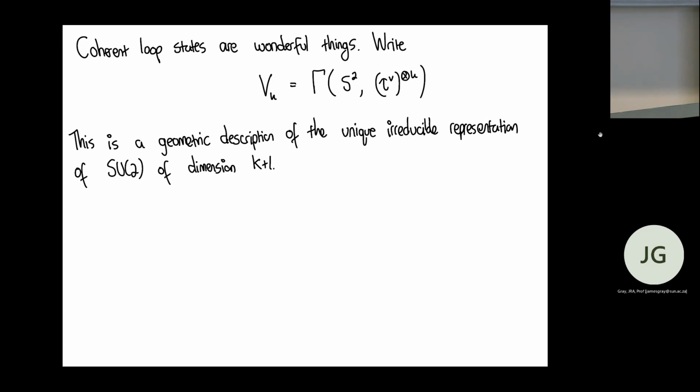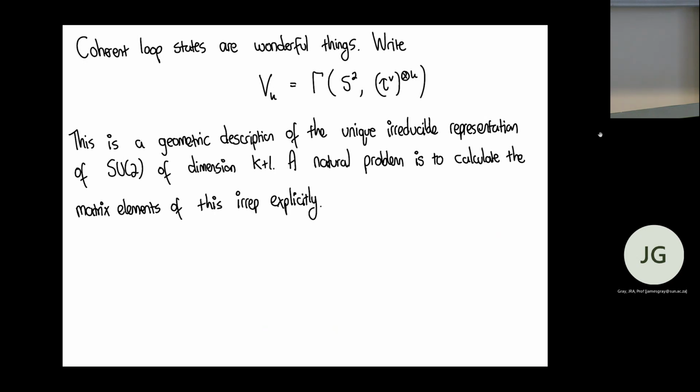SU2 is a three-dimensional Lie group, and you can look at its irreducible representations, and you're going to have one for each dimension. We can realize those vector spaces as these spaces of holomorphic sections. So that gives you a nice picture for these vector spaces. You could also calculate these things algebraically, but this is a geometric way to calculate them.